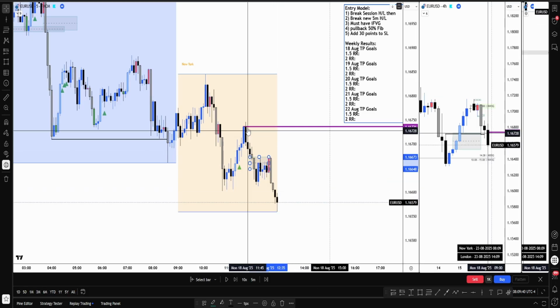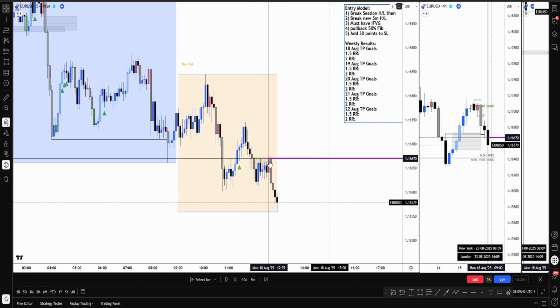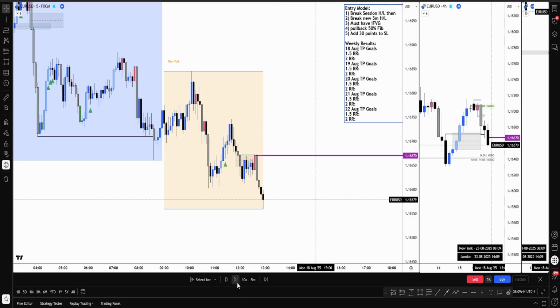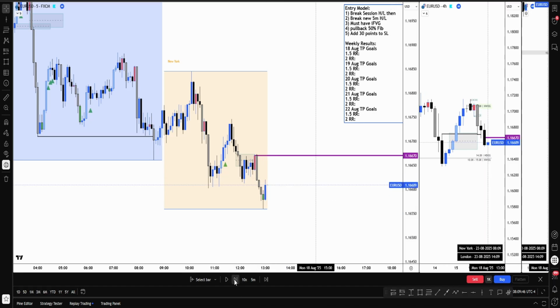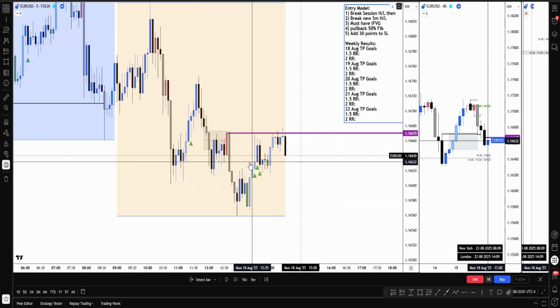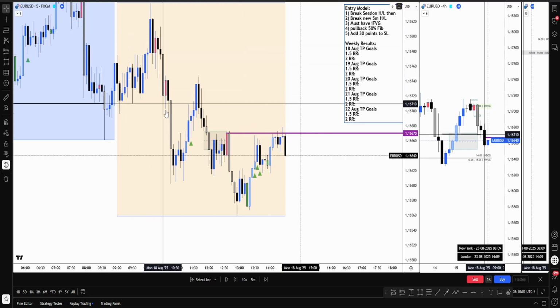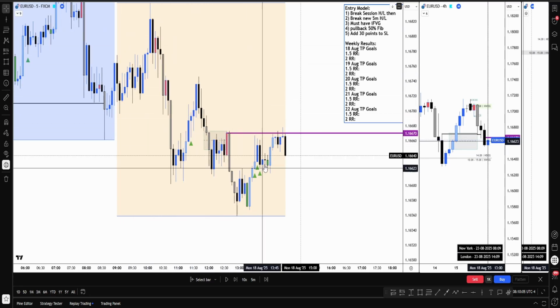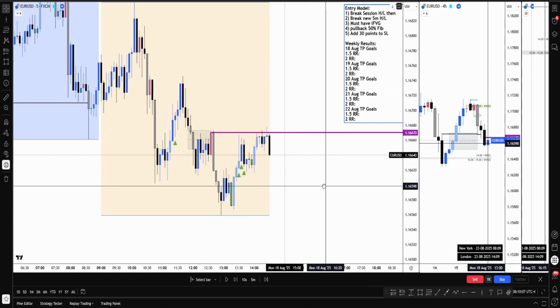All right, we close below there, so the new focus point is now here. Let's move. All right, do you see what price is doing? Price is playing around and it's respecting the bearish order flow.